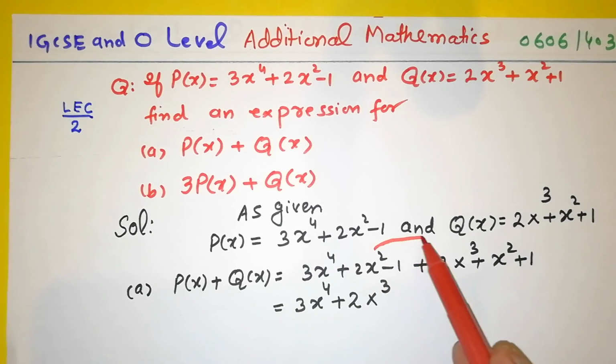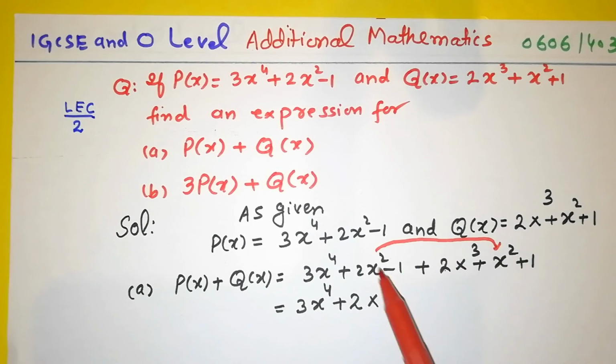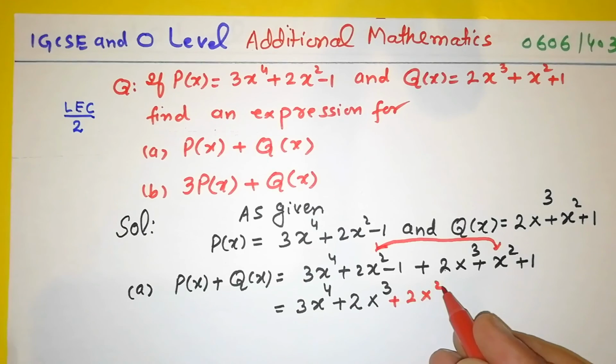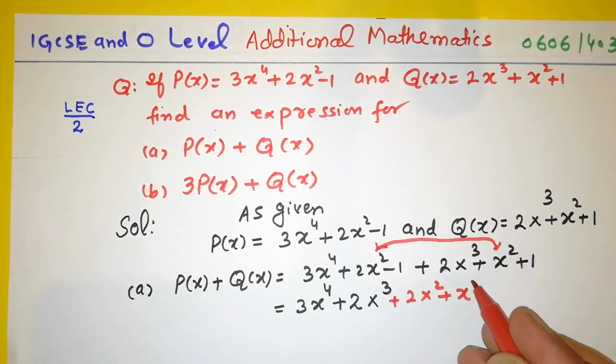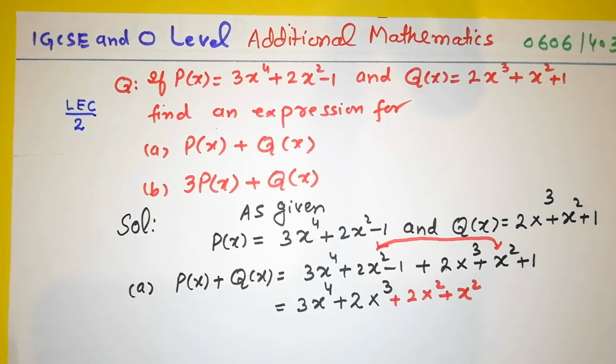So I write here, we collect these two terms, that is plus 2x^2 plus x^2. And students, there are two constant terms, this is minus 1 and this is plus 1. When we add these two terms, we get the answer 0.